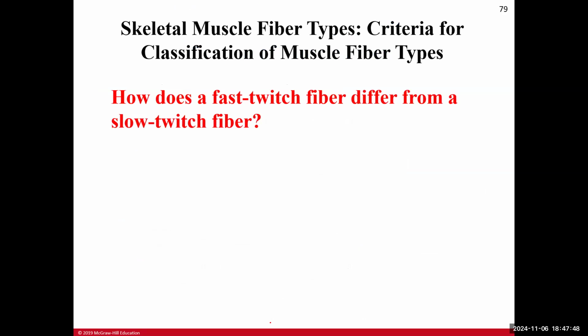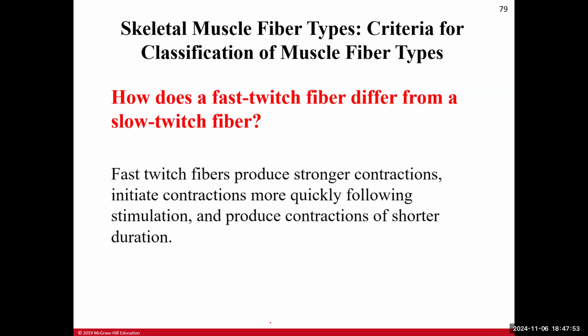How does a fast twitch muscle fiber differ from a slow twitch fiber? Fast twitch have stronger, quicker contractions, but they have shorter contraction durations. Make sure you know that.